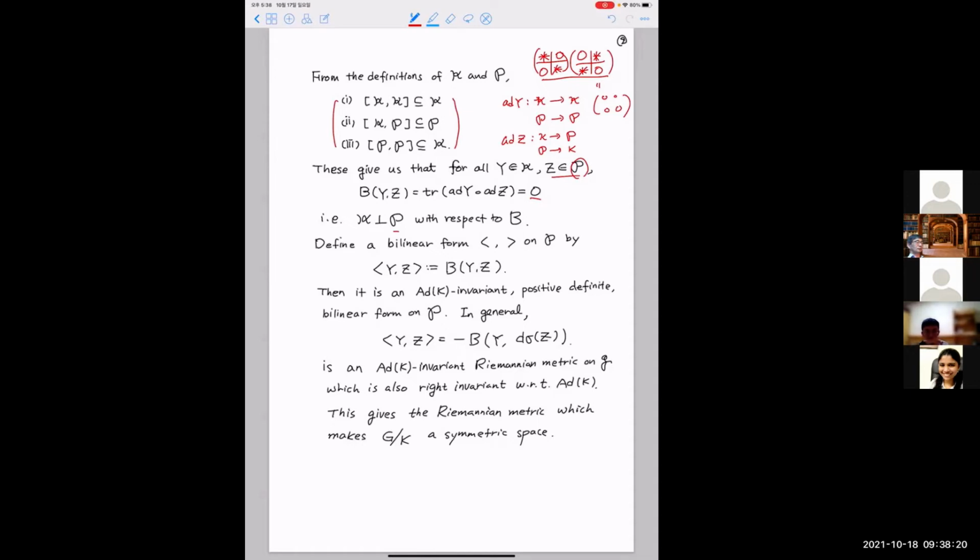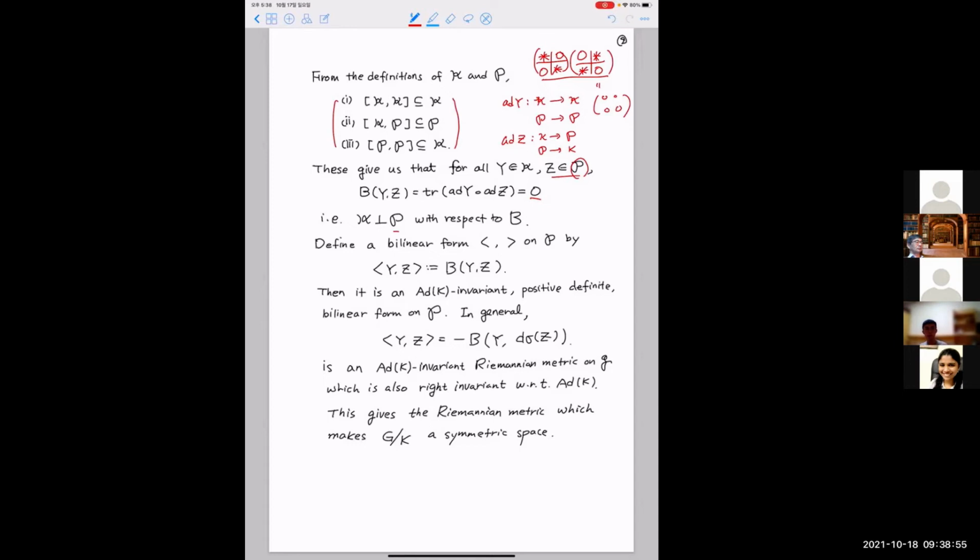Once you know 𝔨, you can find the complementary eigenspace 𝔭 by using the Killing form. So 𝔭 is totally determined by the algebraic data. That is the important point here.